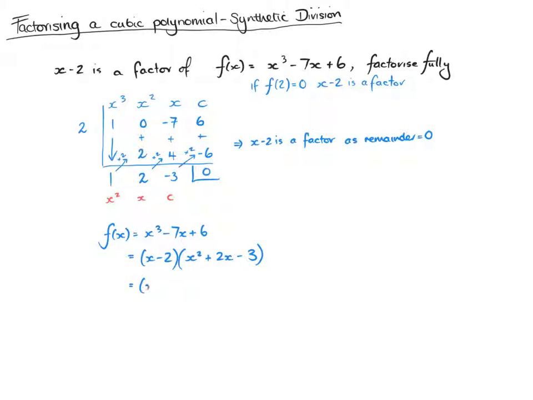So then we've got x minus 2, and then we can factorise the second bit as well, just a trinomial. So we've got to have x's at the start because it's only 1x squared. And we've got minus 3, so it means we've got to have a minus and a plus. And the way to get plus 2 is going to be plus 3 take away 1. So that is our answer.